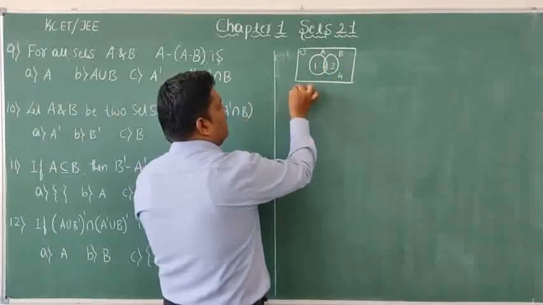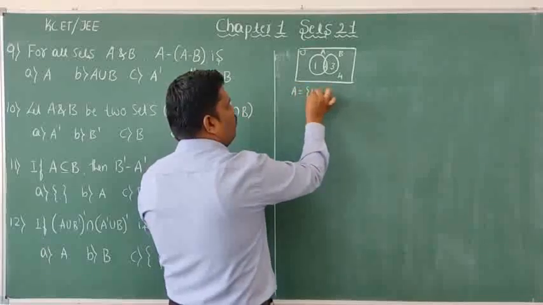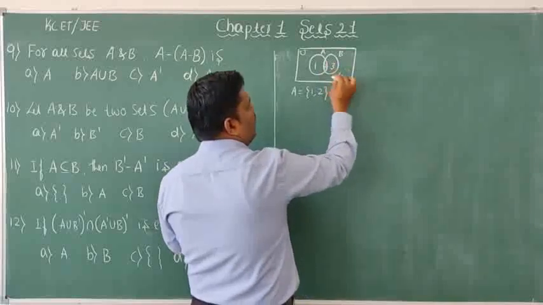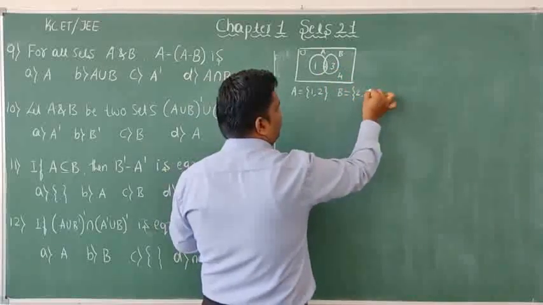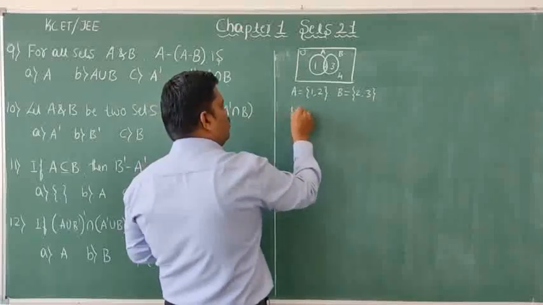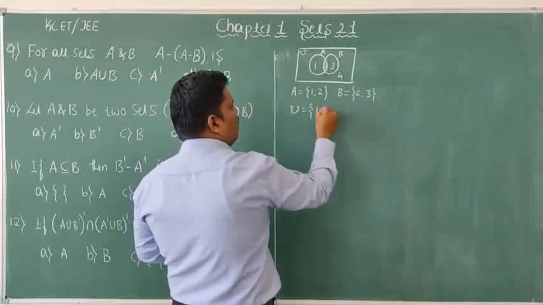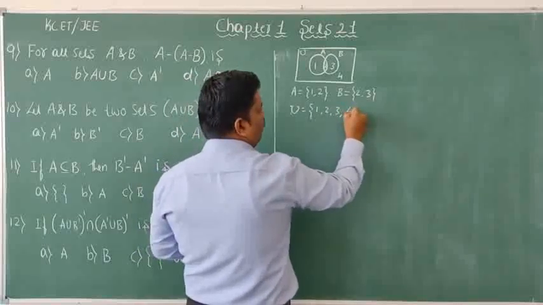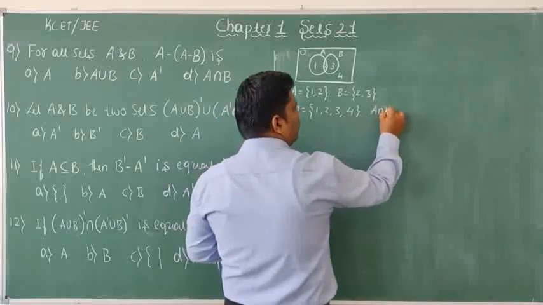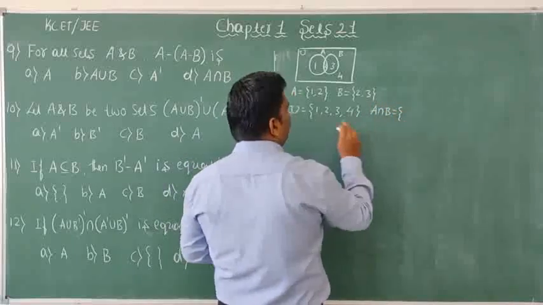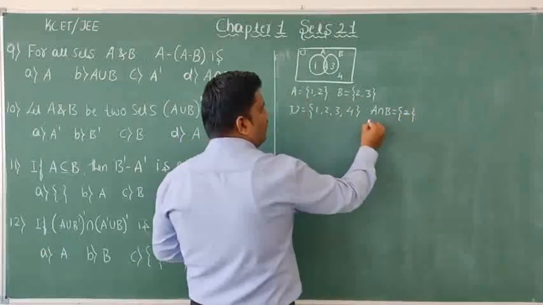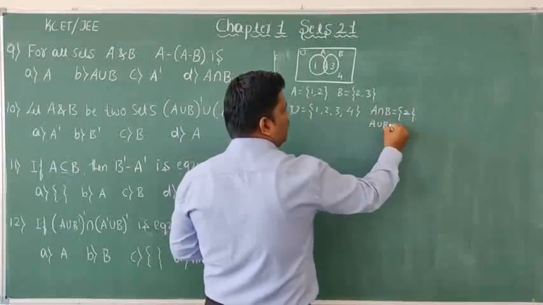Now set A is equal to {1, 2}, set B is equal to {2, 3}. Then set U is equal to {1, 2, 3, 4}, the universal set. Now A intersection B, the only common area is 2.